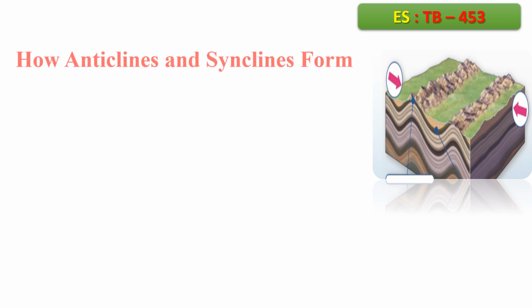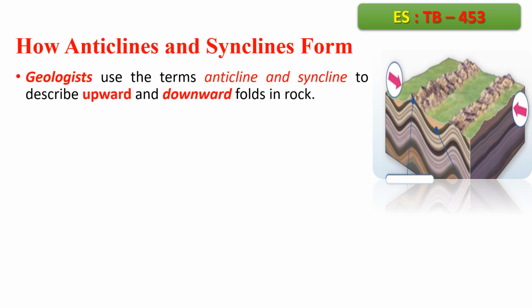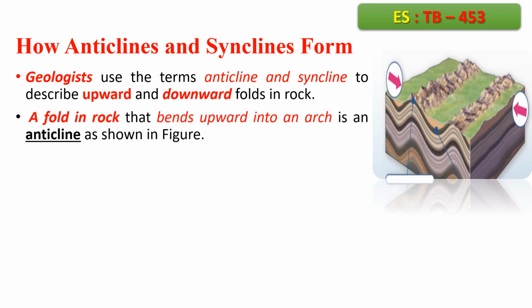Now let us check another kind of landform, anticlines and synclines. Look at the diagram. You can see the structure like a wave motion. Geologists use the terms anticline and syncline to describe upward and downward folds in rock. A fold in rock that bends upward into an arc is an anticline.